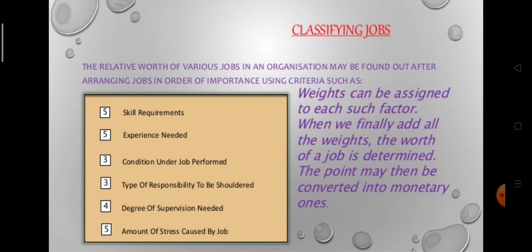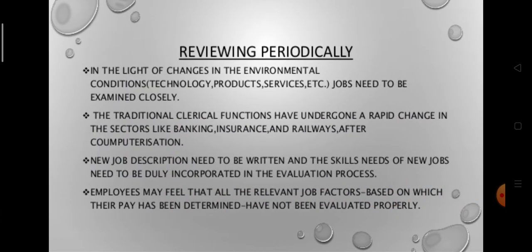The last step is reviewing and feedback. So reviewing a particular job periodically in light of changes in the environmental conditions. There is a change in technology, there is a change in products, etc. There is competition. Jobs need to be examined closely.